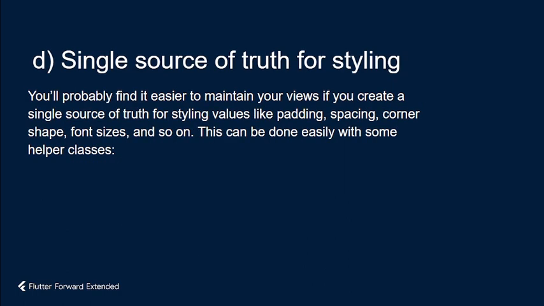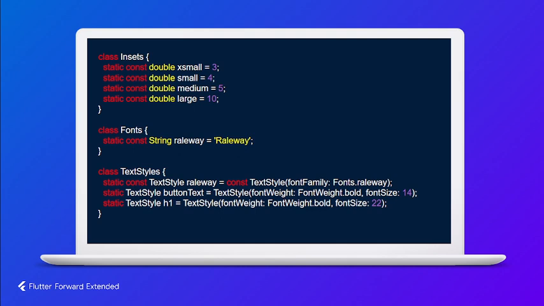A single source of truth for styling. You'll probably find it easier to maintain your views if you create a single source of truth for styling values like padding, spacing, corner shape, font sizes, and so on. This can be done easily with some helper classes.